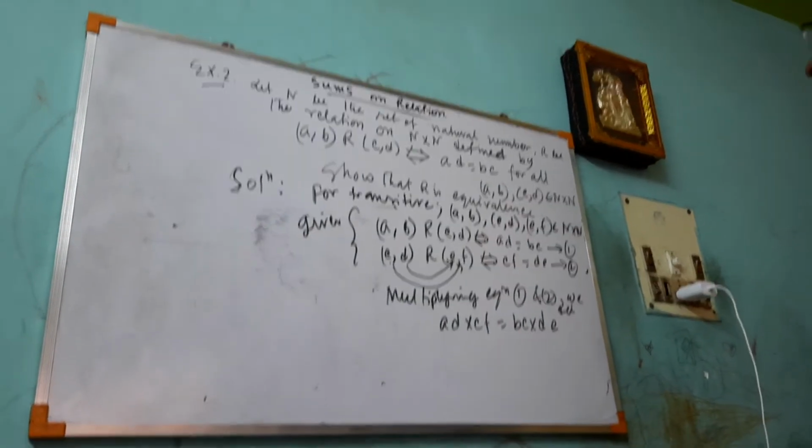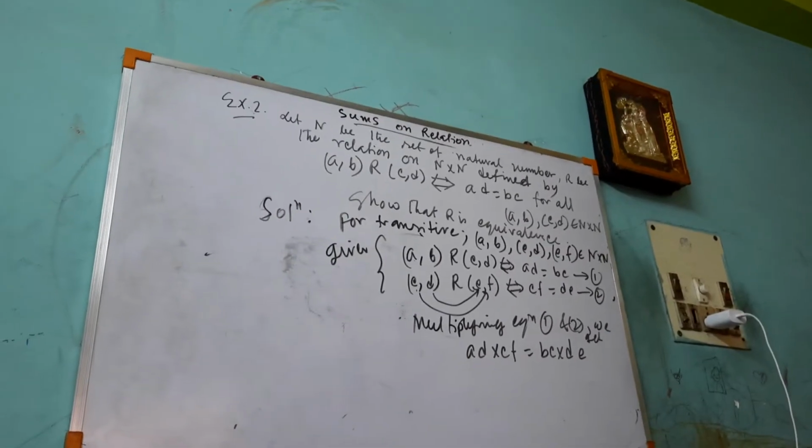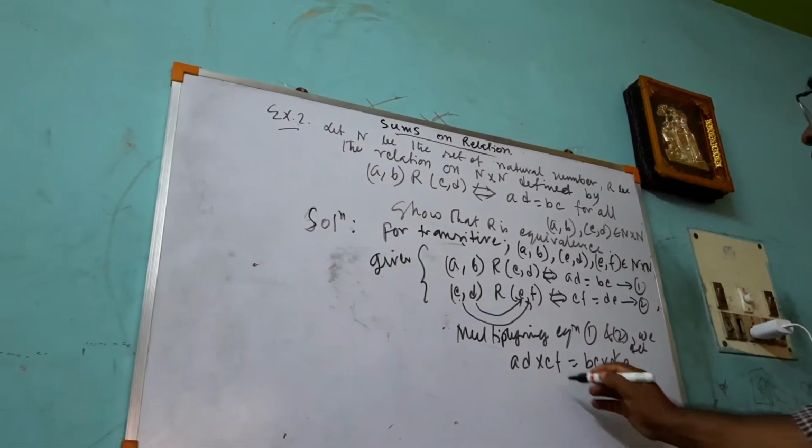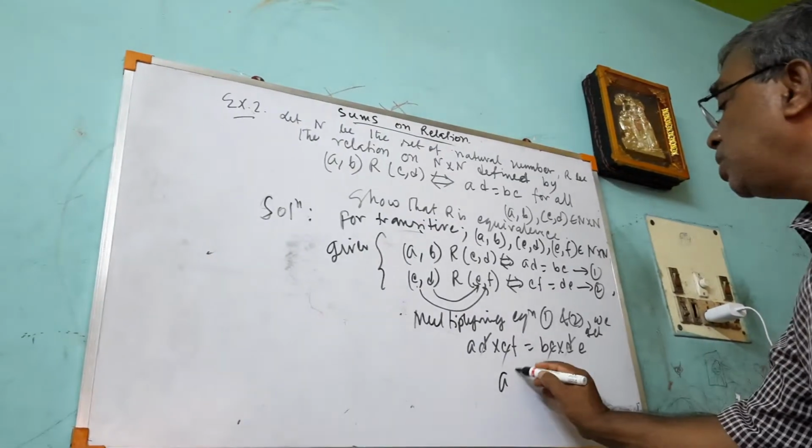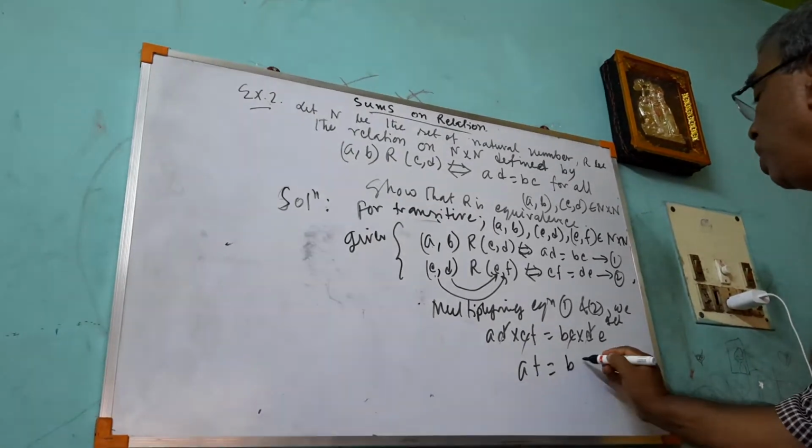From both sides, D is getting cancelled, C is getting cancelled. So that is AF equal to BE.